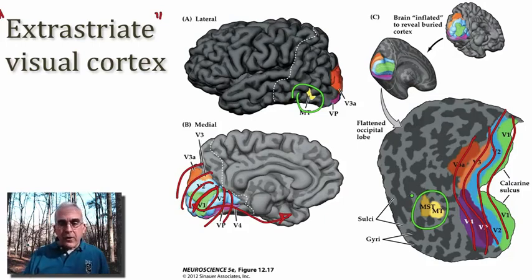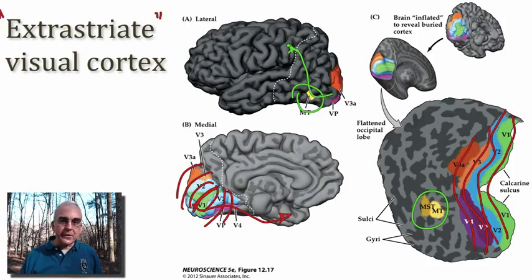And from area MT, this sort of spatial and motion selective information tends to arise and travel up into the parietal lobe. So area MT, as we'll see in a different session on visual cortical processing, is enriched in cells that develop for us a notion of motion, as my chairman in the Department of Neurobiology here at Duke likes to say.